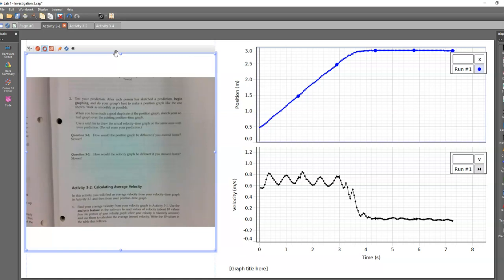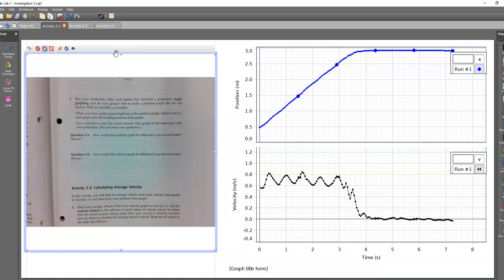Now, question 3-1. How would the position graph be different if I had traveled faster? What would the position graph look like if I traveled faster? Yes? The slope would have been greater, correct? And what would have happened if I had traveled slower? 3-2. Yes?